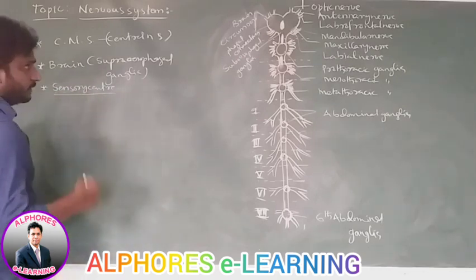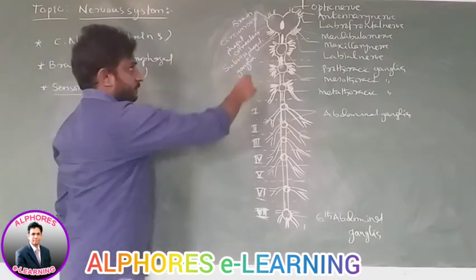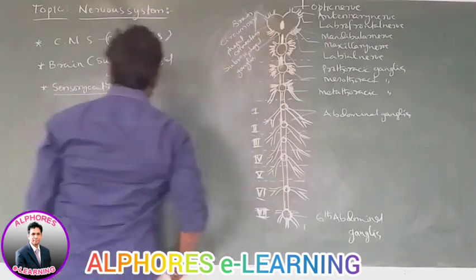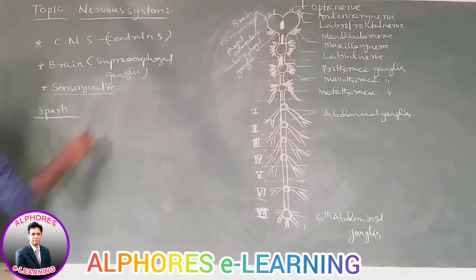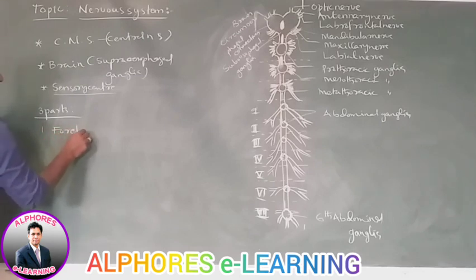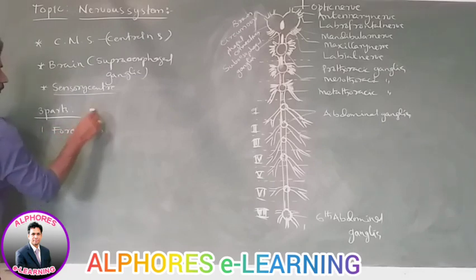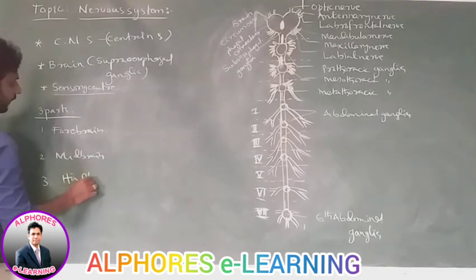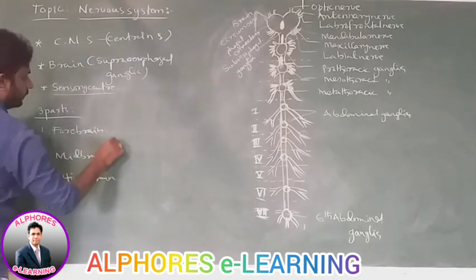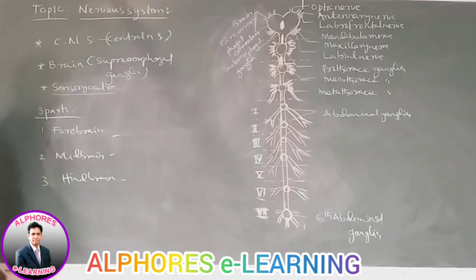Then what are the parts present in the brain? The brain is differentiated into three parts, which are called forebrain, midbrain, and hindbrain.